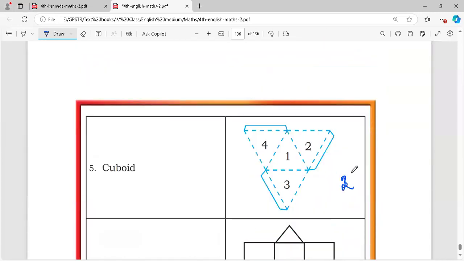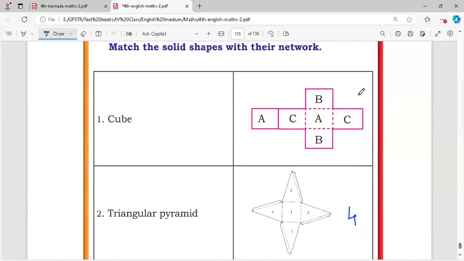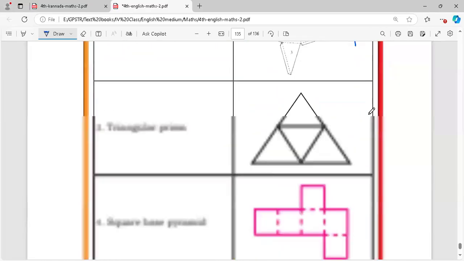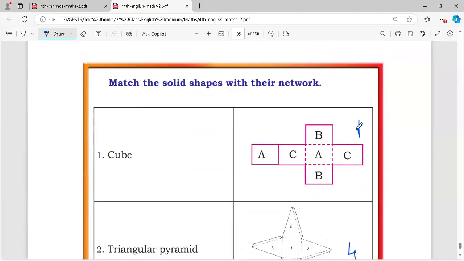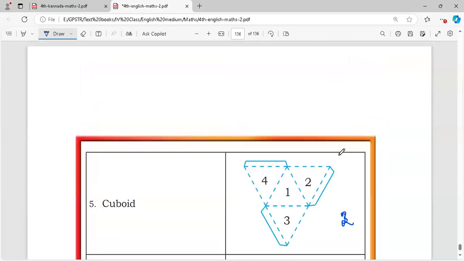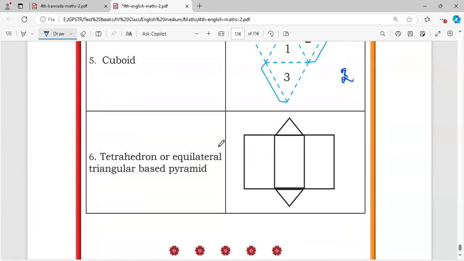Next, the fifth one, cuboid. Cuboid means the fifth one. This is the fifth one. Next, the sixth one is a tetrahedron, or equilateral triangular based pyramid.